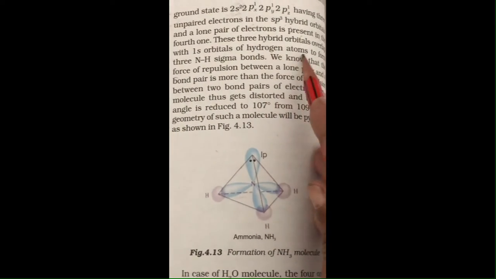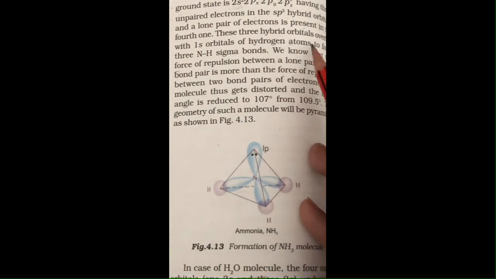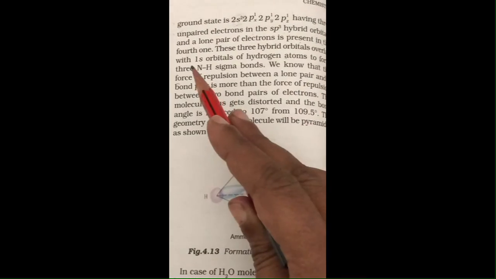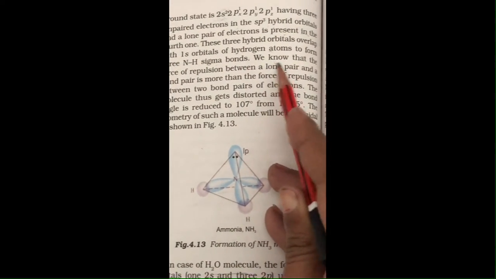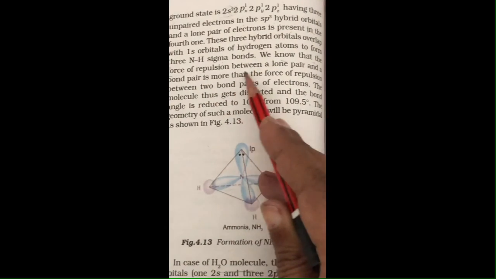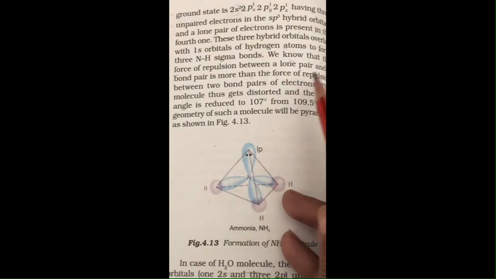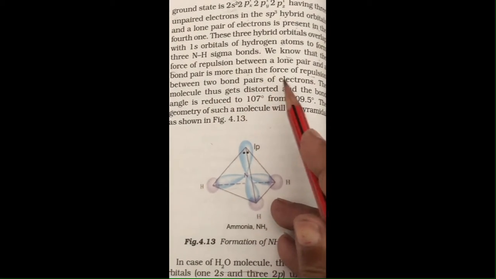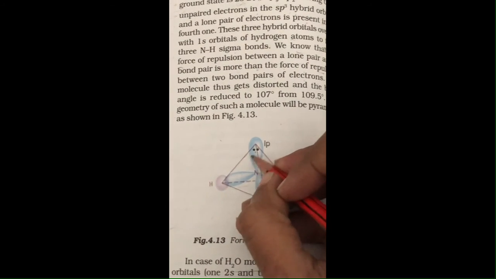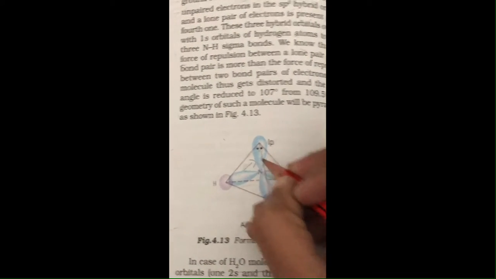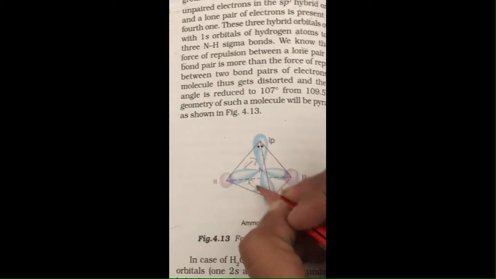These 3 hybrid orbitals overlap with 1s orbitals of the hydrogen atoms to form 3 nitrogen-hydrogen sigma bonds. We know that the force of repulsion between a lone pair and a bond pair is more than the force of repulsion between 2 bond pairs of electrons, meaning the repulsion between this lone pair and this bond pair will be higher than the repulsion between these 2 bond pairs.